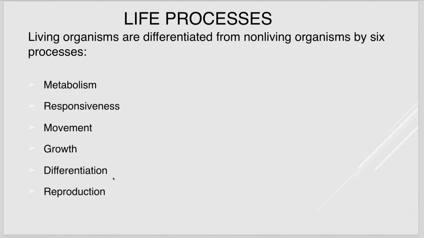So living organisms, life, have specific processes that kind of make them living. And these include metabolism, responsiveness, movement, growth, differentiation, and reproduction. Metabolism, this is the sum of all chemical reactions in the body.